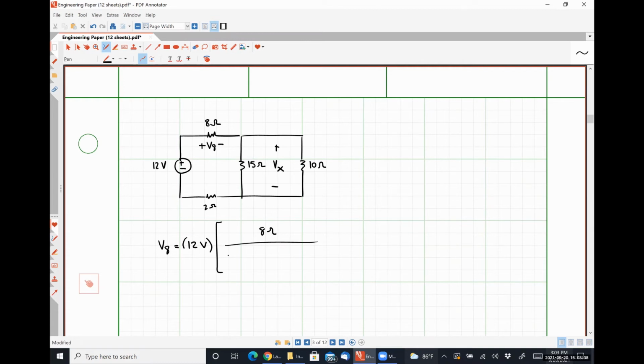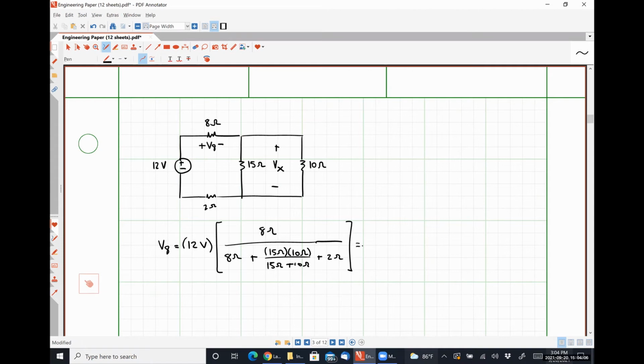So that's going to look like 8 ohms in series with the parallel combination of 10 and 15. So that's going to be 15 ohms times 10 ohms over 15 ohms plus 10 ohms plus 2 ohms.